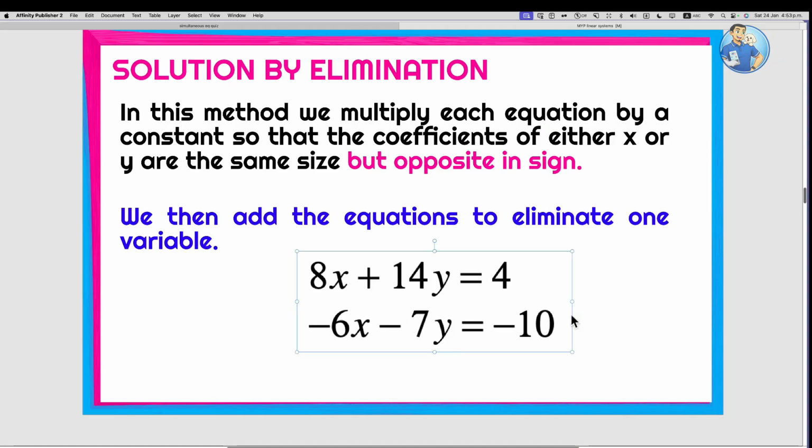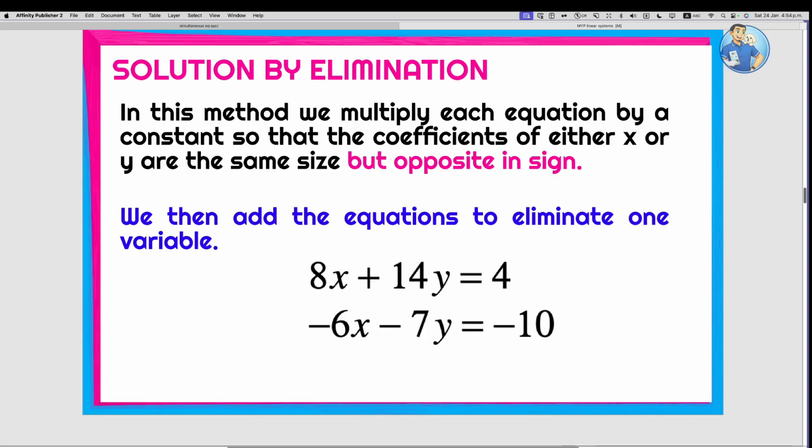If we multiply the second equation times 2, this negative 7y becomes 14y. So it's the same as this one, but with the opposite sign. That is the goal: to multiply by a constant to match the coefficients, having opposite signs, one positive, one negative. Then we add the equations, and this will be the elimination.